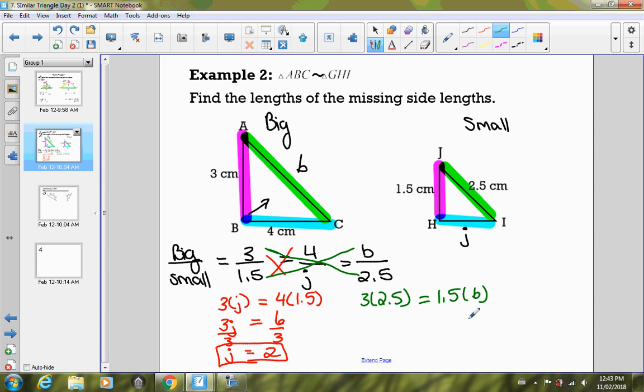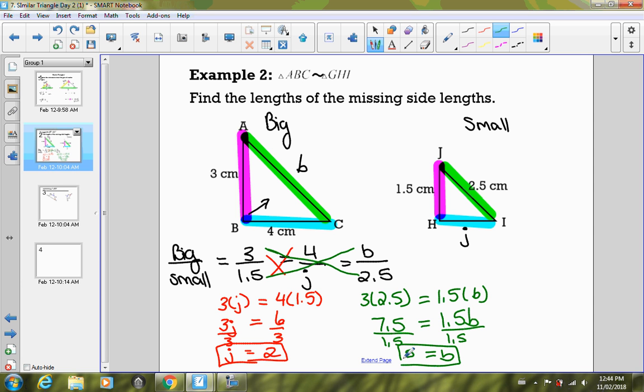When I do 3 times 2.5, I get 7.5. 1.5 times b gives me 1.5b. What do I do to both sides? I divide by 1.5, divide by 1.5, so I'm left with b is equal to 5. And I've just solved my first similar triangle problem.